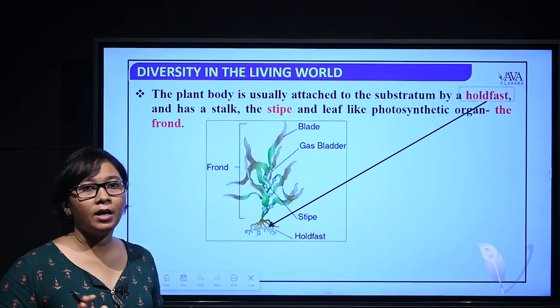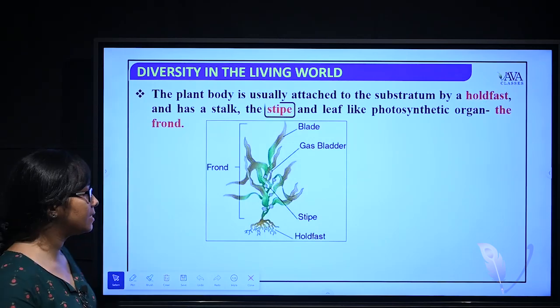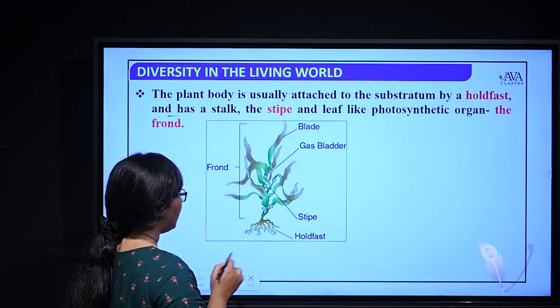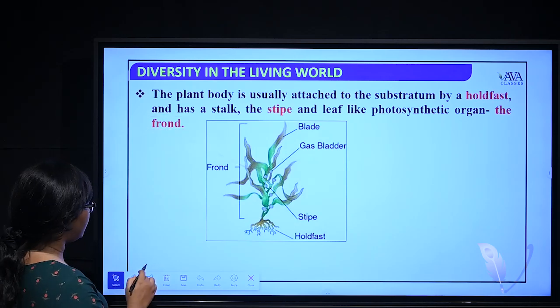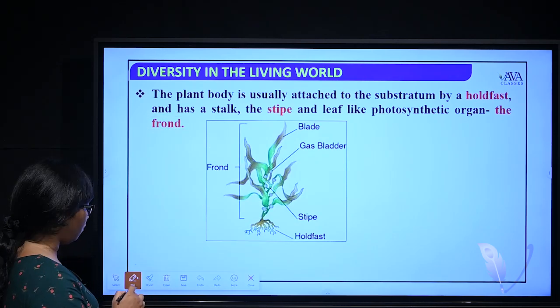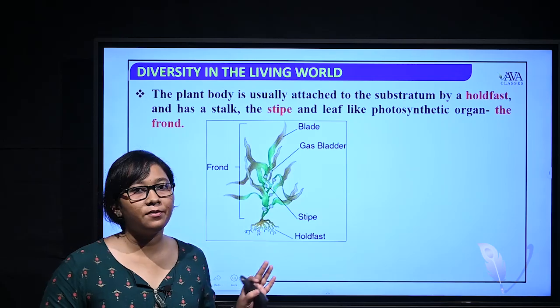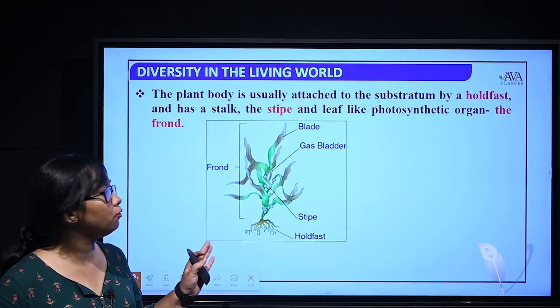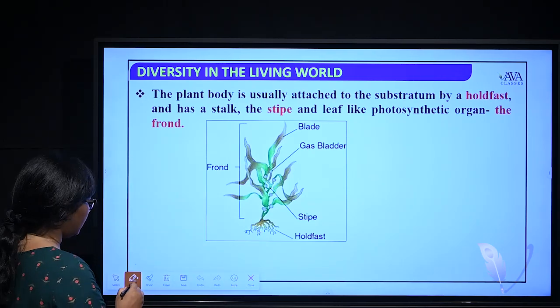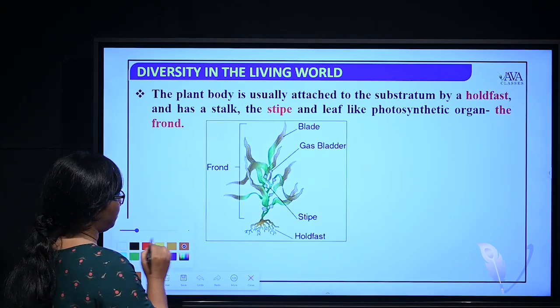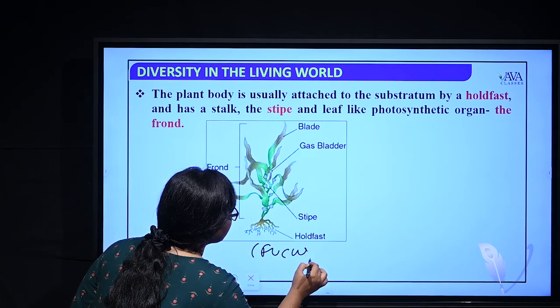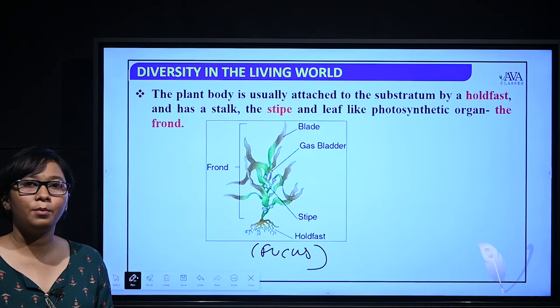Oh, it has given an example of a phaeophyceae. Okay, let's take an example of phaeophyceae. Think it is a fucus, or brown algae. Diagram of a fucus or brown algae.